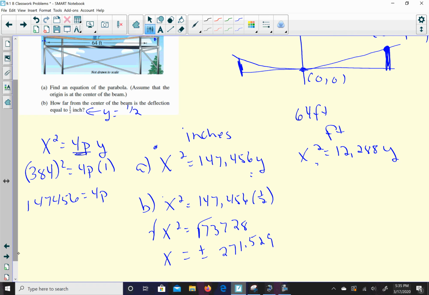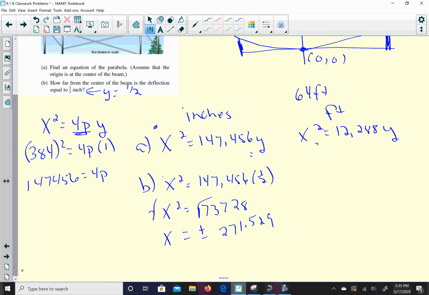Well, yes, that is more than the 64, but that's because this is in inches, and if I divide it by 12, that would put it in feet. When I do that, I get approximately 22.63 feet.